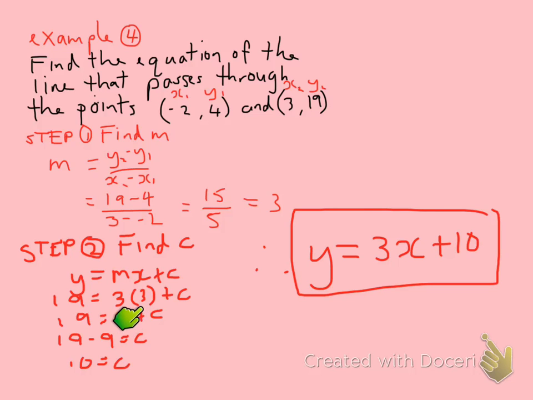To get c by itself in this equation, we're going to take this 9 across to the left-hand side of the equation over here, so that we now have 19 minus 9, giving us a value of 10 for c. Now recall that we know the gradient now is 3, we know that the y-intercept is 10, so we write our equation as y equals 3x plus 10.